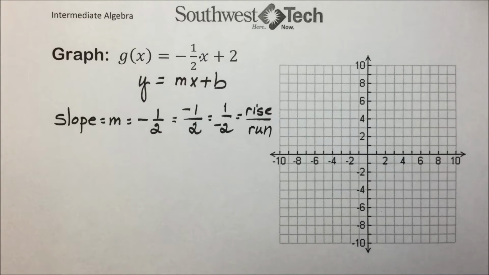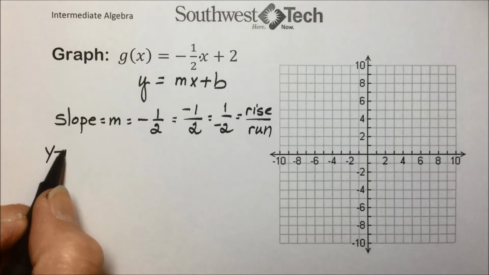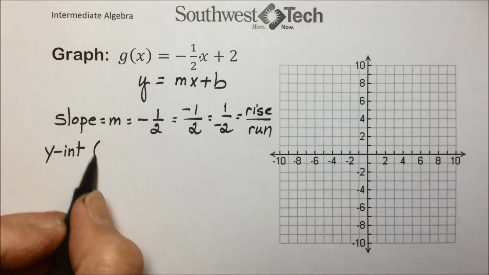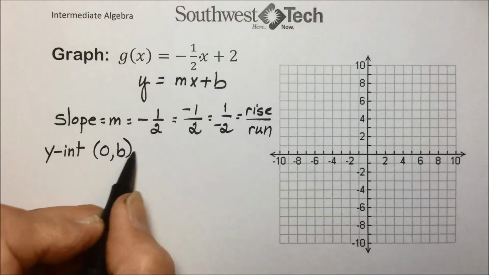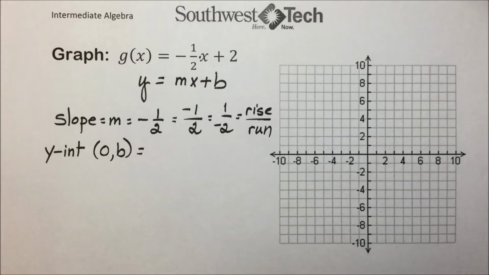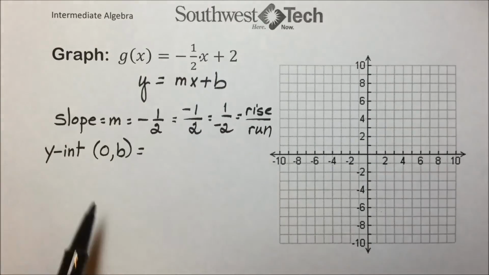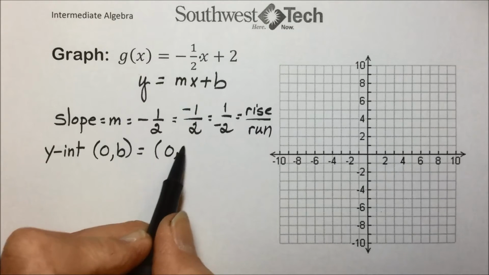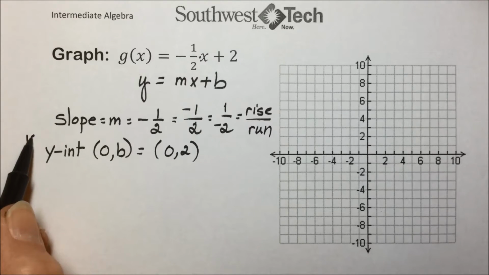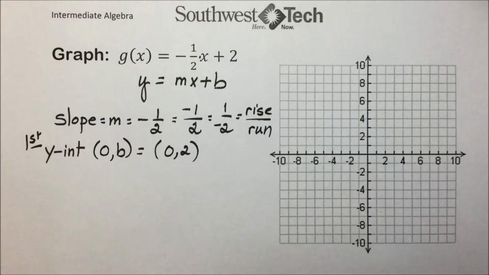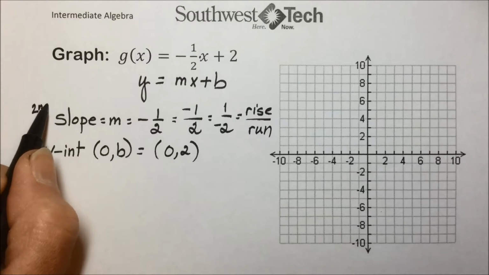The other component for graphing is a starting place, and the starting place will be a point, and our y-intercept is the coordinate (0, b). Our signs agree, it's a +b, and we have a +2, so b is 2. Always start with the y-intercept and then move to the slope.